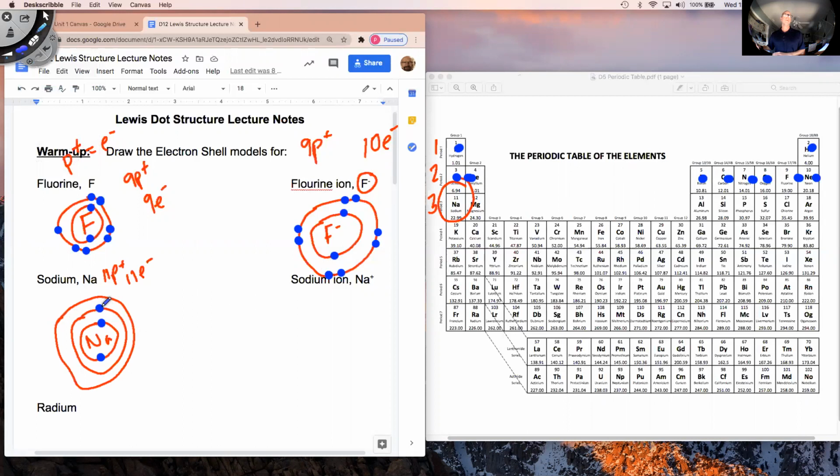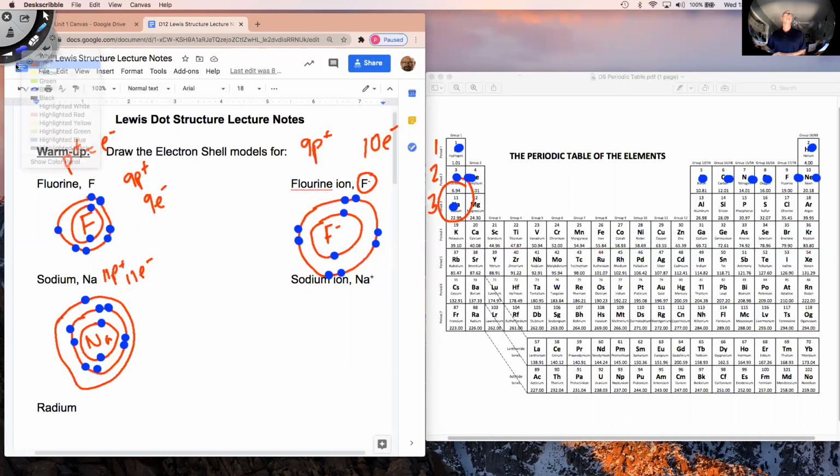I'm just going to do it like this because I know 2, 4, 6, 8, right? And then on the third row, I just have 1. Boom. So there's my 1 outside electron. It's on the very outside, so that's my valence electron.